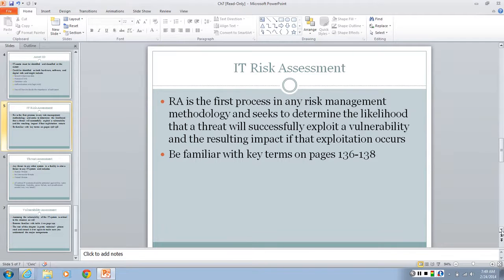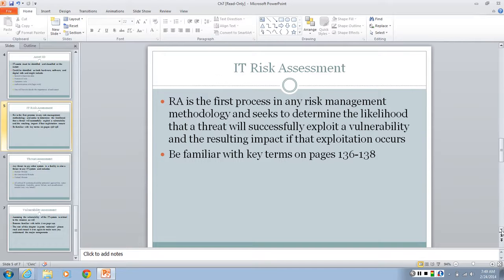You have to determine the likelihood that that asset will be exploited, and whatever the impact is. And that's just another way of saying exactly what I just said. How likely is it to be attacked, and what's the amount of losses if this particular asset is impacted.